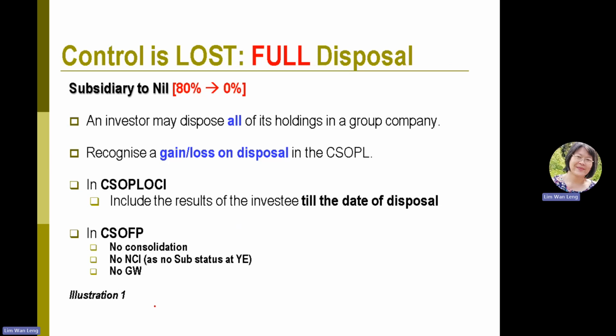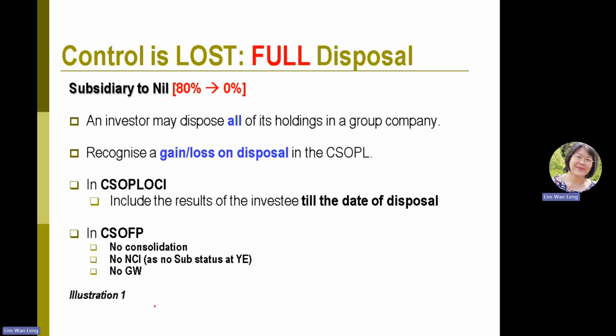Of course, if the holding company has other subsidiaries, they will still do the consolidation. But with respect to this investee, whose interest has been fully disposed of, you just ignore the subsidiary. Then no NCI, because at the end of the year, there is no status as a subsidiary.